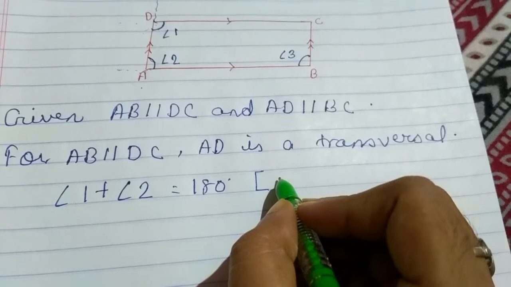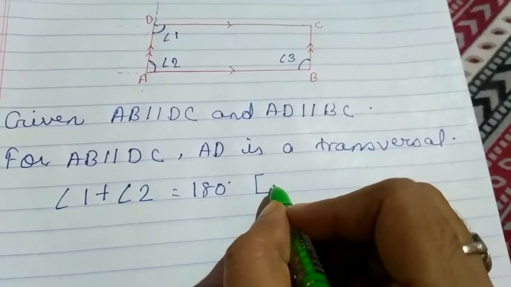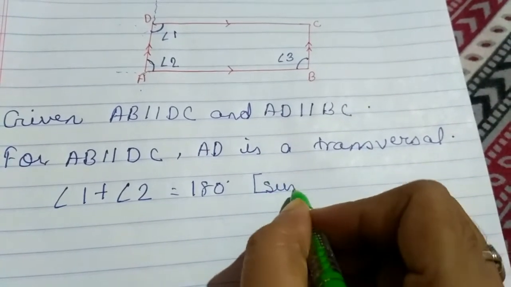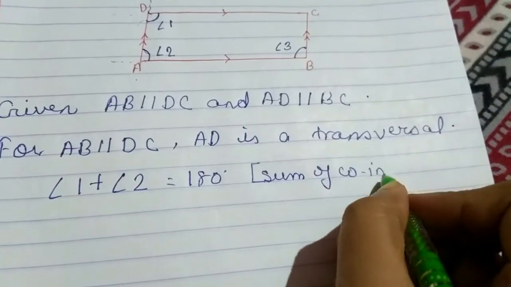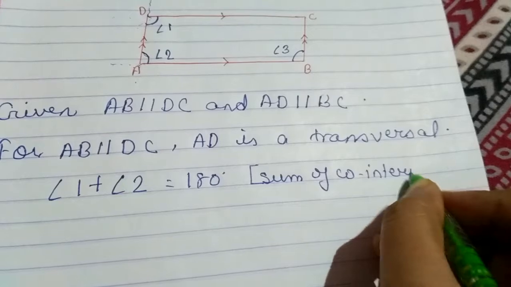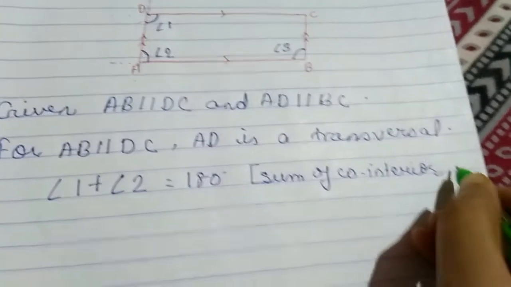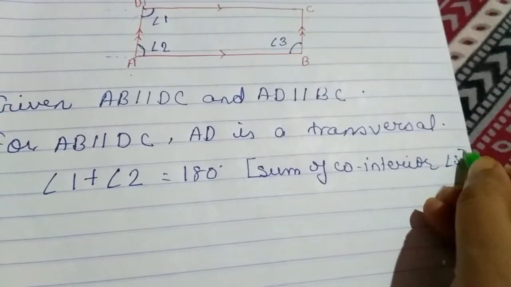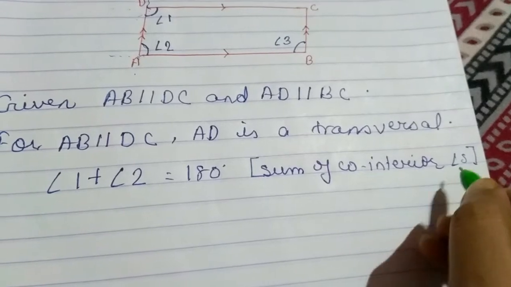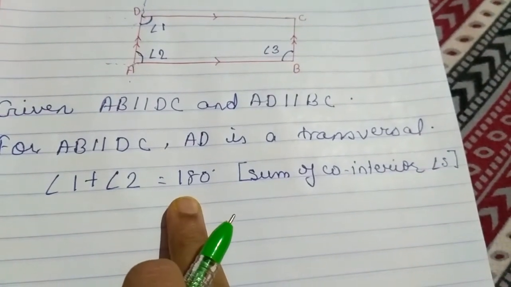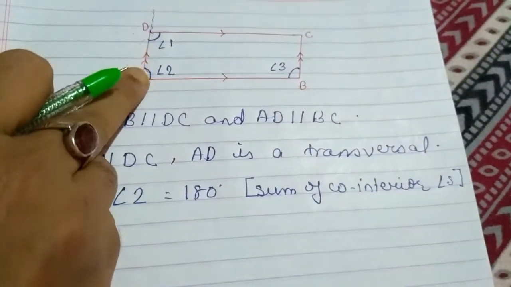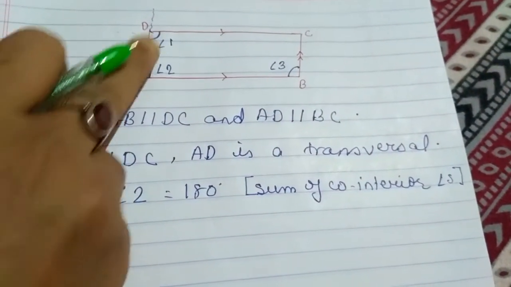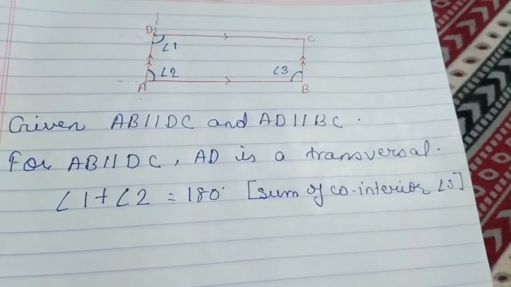So this is how: sum of co-interior angles will be 180 degrees. Understood? When you add co-interior angles, the sum will be 180 degrees.